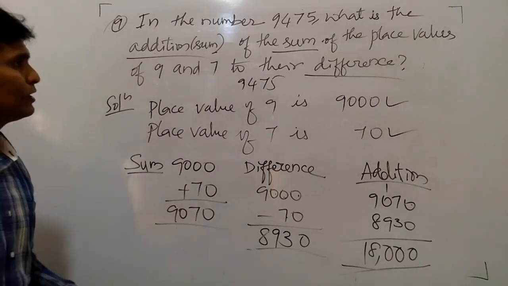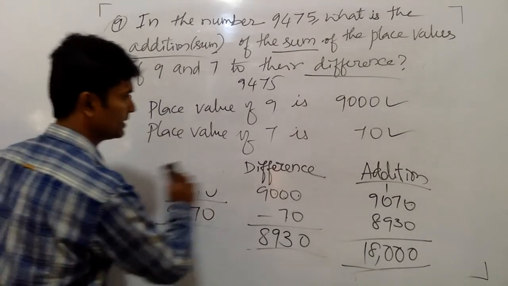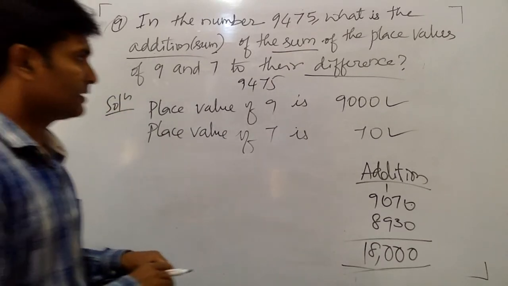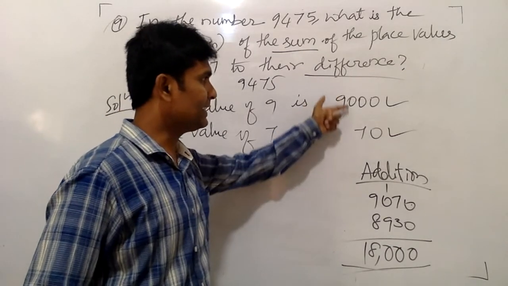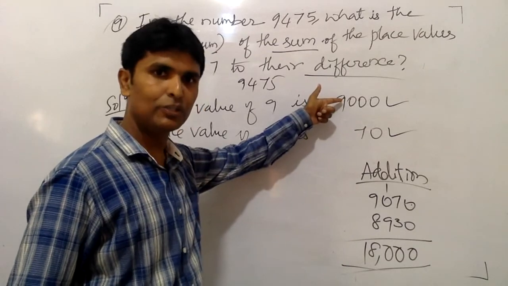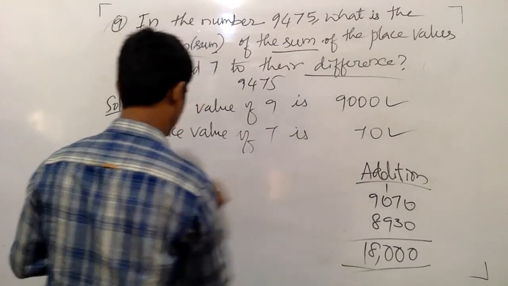And one more trick is there. What is that trick? If we multiply the greatest number by 2, we will get the answer. See, greatest number is 9000.